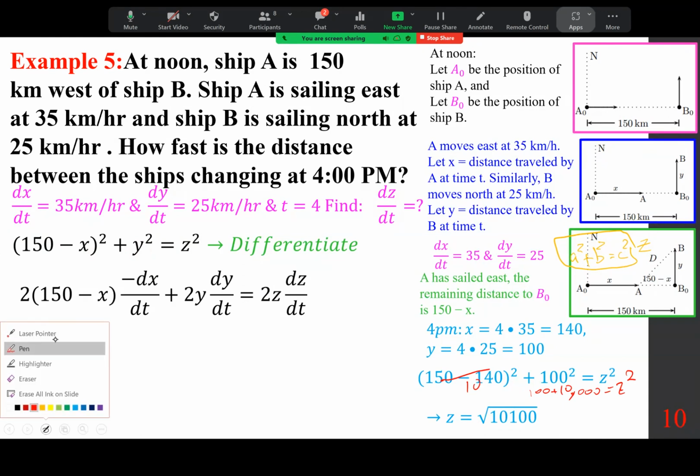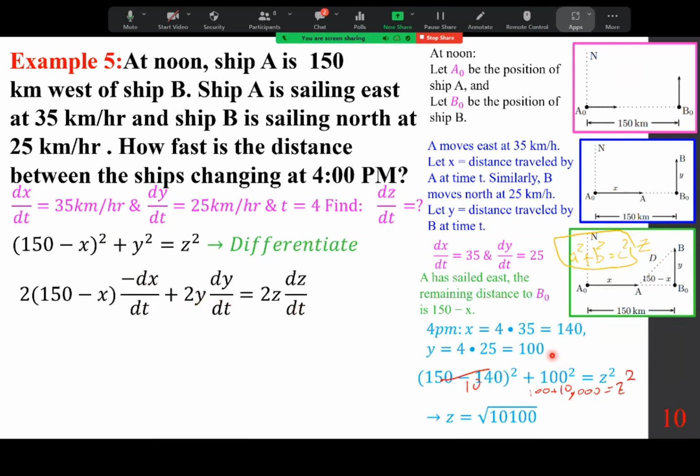Now let's replace the values. So we're going to replace the x with 140 times negative 35 plus 2 times y, 100, times dy dt, which is 25, 2, and instead of z, let's put the exact answer for now.